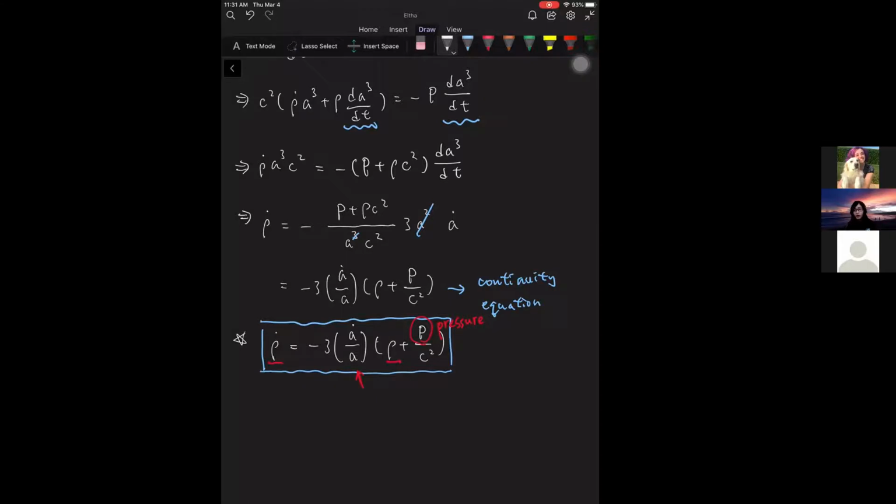So basically, we can relate the pressure term in this equation. The pressure will depend on what kind of component we are considering.